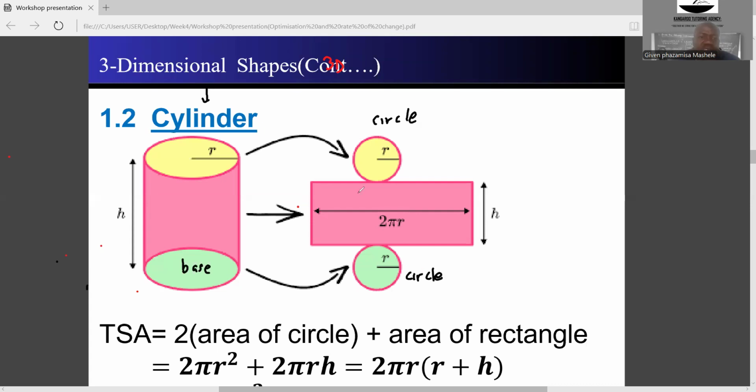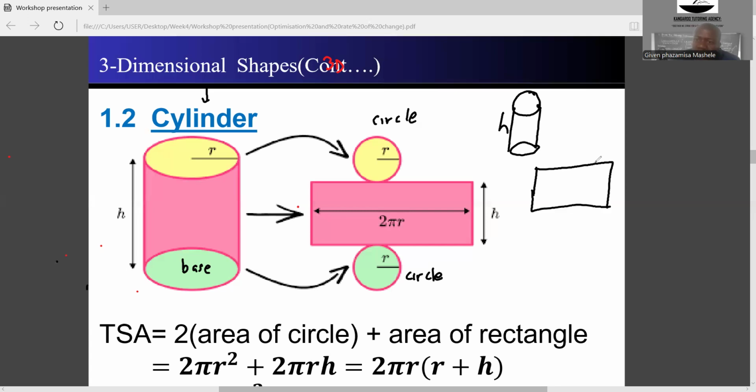So if we cut the top part and remove the bottom part, these are the circles, and we remain with something like this with no circle in it. If we cut this part here and unfold it, we're going to have something like this.